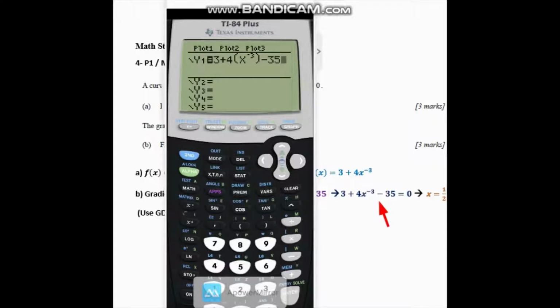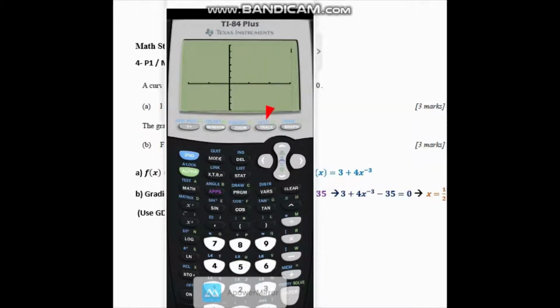As you can see, I've written down the equation exactly as it is. And I'm going to click on the trace button, which is right there. So, as you can see, I have this function drawn on the calculator.